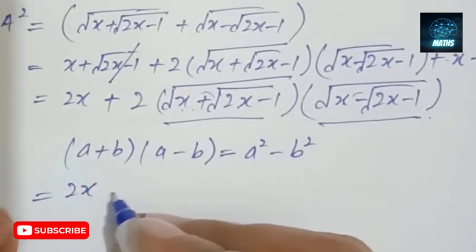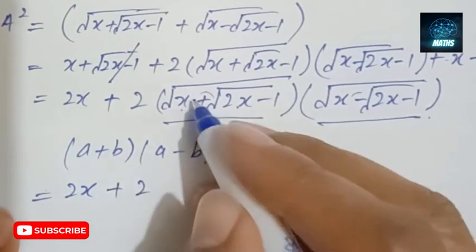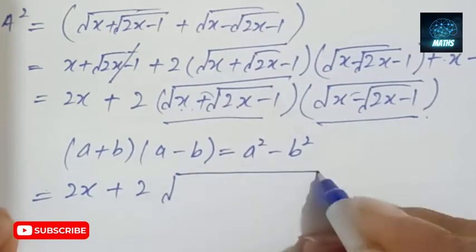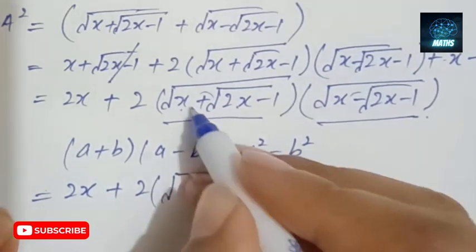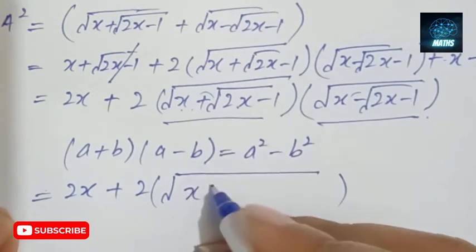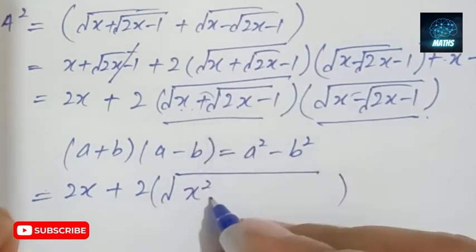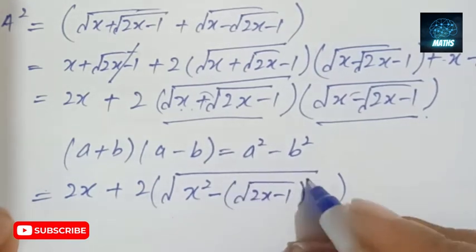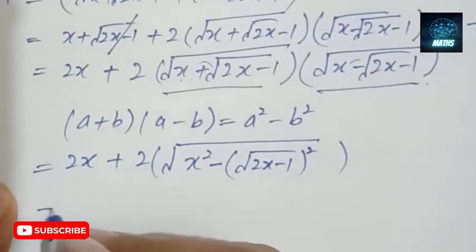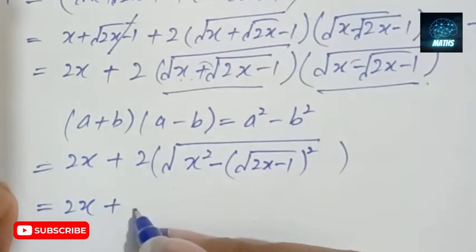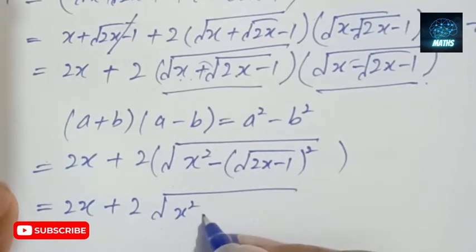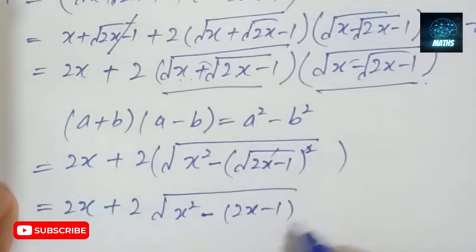So I am going to use this identity here. 2x plus 2, this will be whole square root x square minus square root 2x minus 1 square. So I can further write it as plus 2 square root x square minus 2x minus 1.